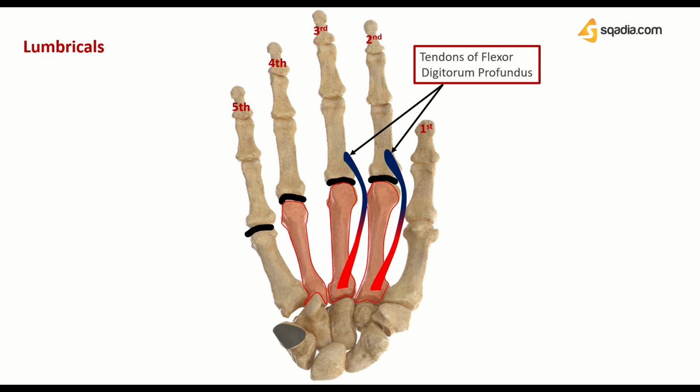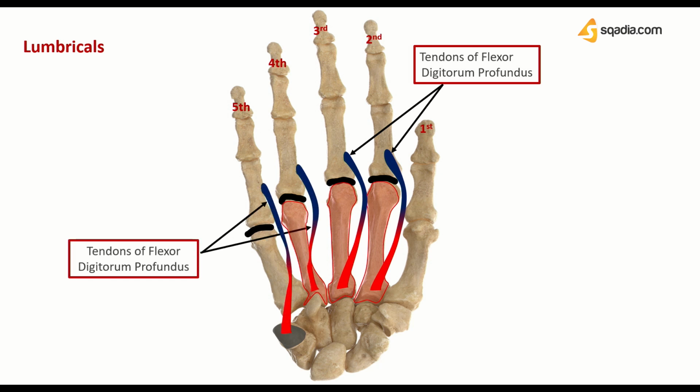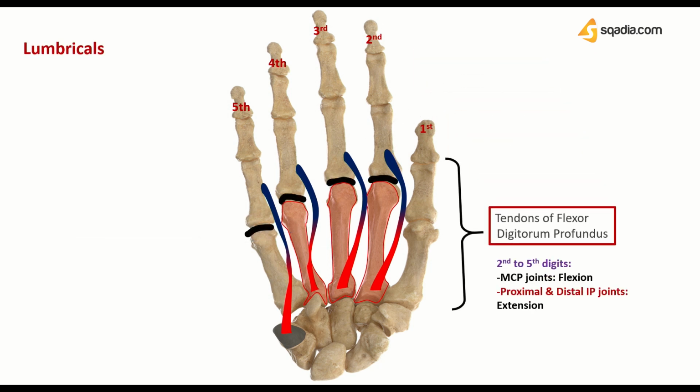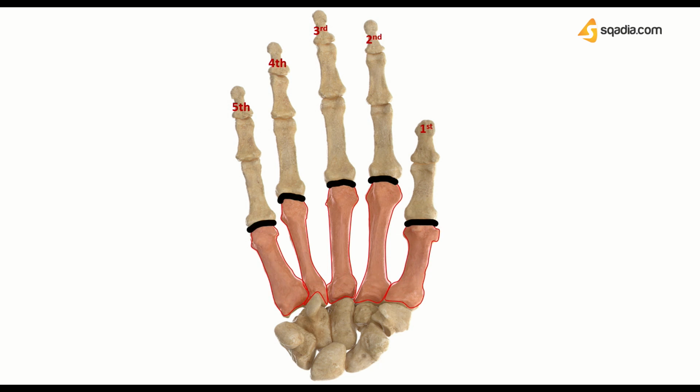And again, the tendon of flexor digitorum profundus originates as bipennate from the medial and lateral sides, having insertion on the 4th and 5th digits. Lumbricals can cause flexion at the MCP joint and extension at the proximal and distal interphalangeal joints. Moving on, we have the next muscle group, which is the dorsal interossei.